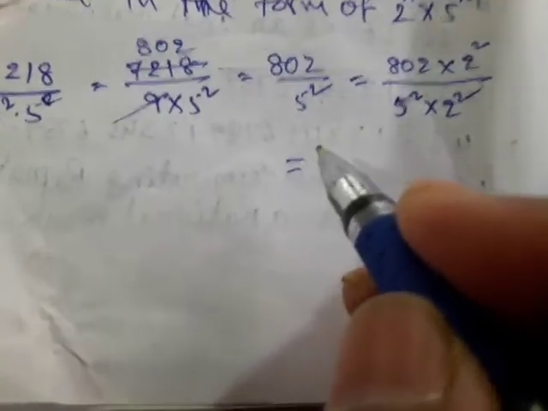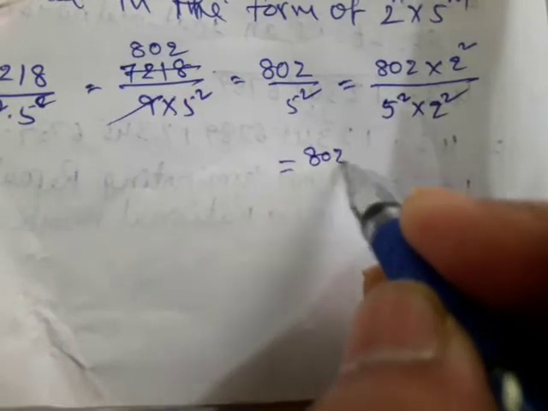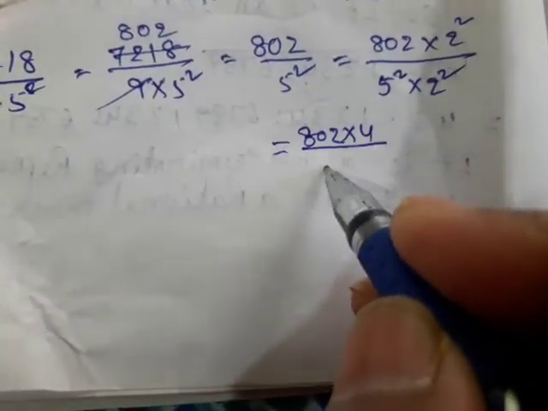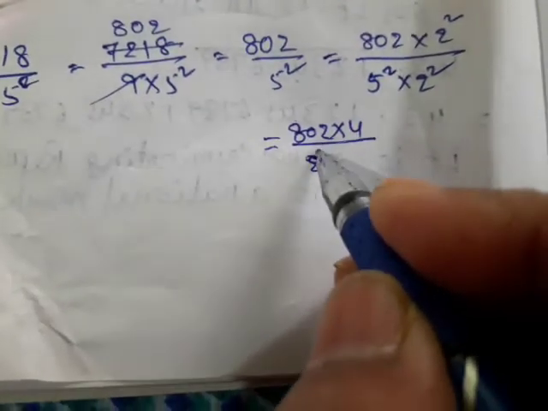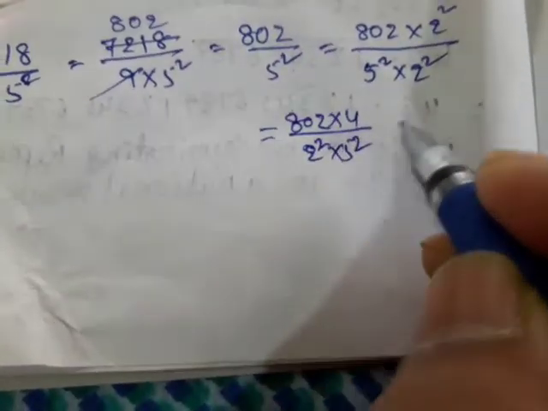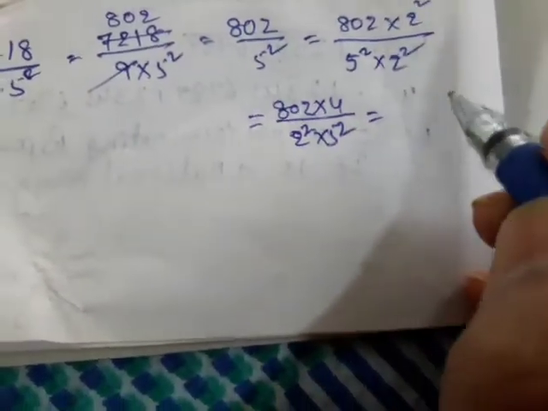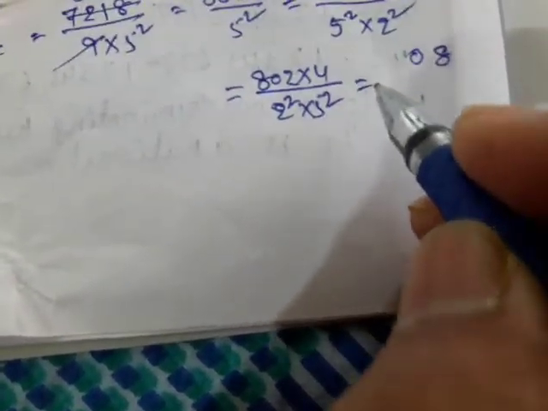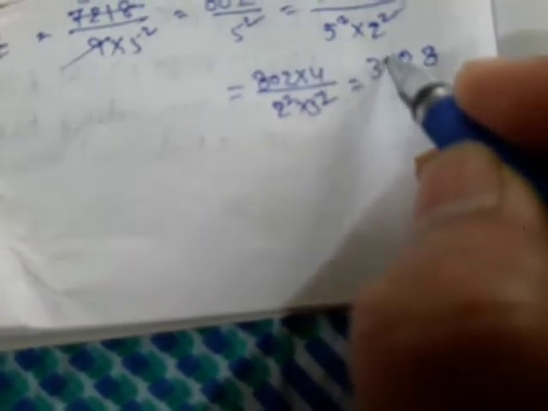That is equal to 802 into 4, since 2 square means 4, by 2 into 5 whole square. 4 2s are 8, 4 zeros are 0, 4 8s are 32.